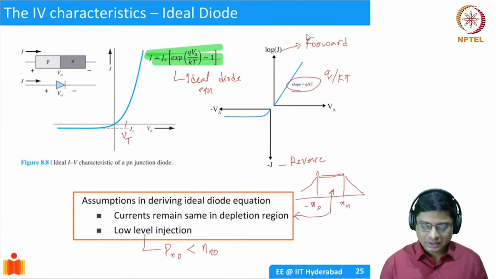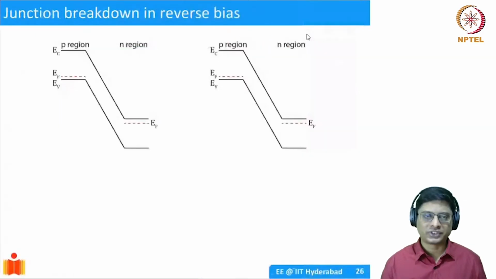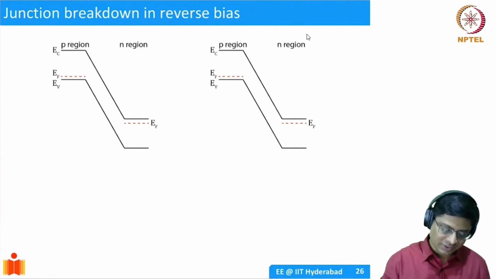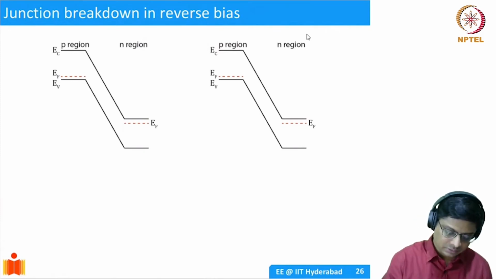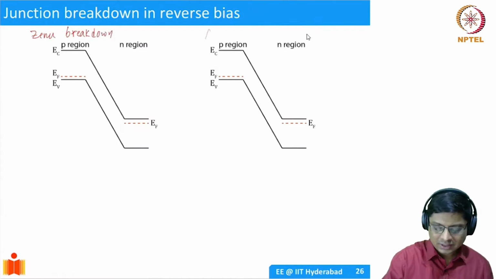We will see. To understand junction breakdown, we have two important processes. The first is the Zener breakdown, and the second is called avalanche breakdown.